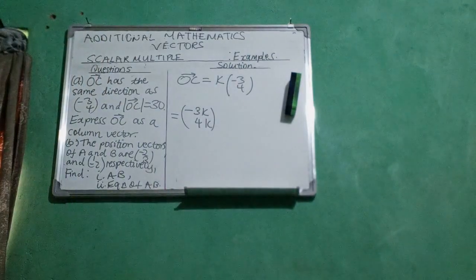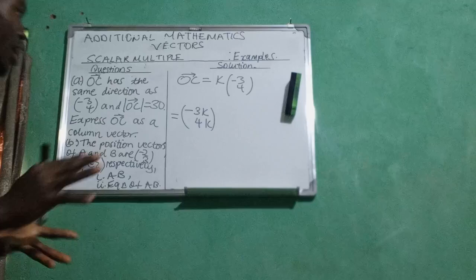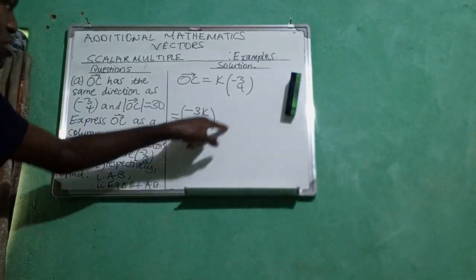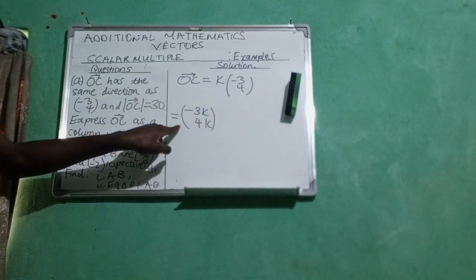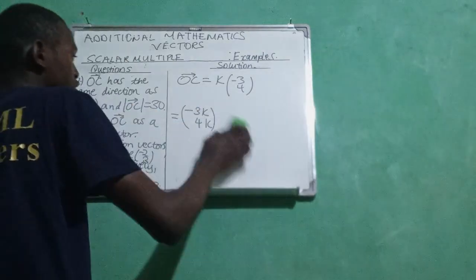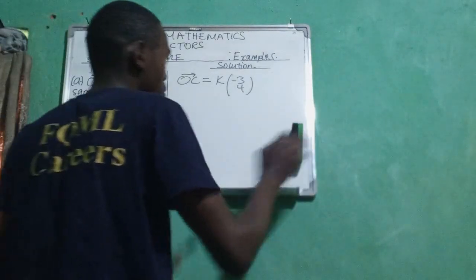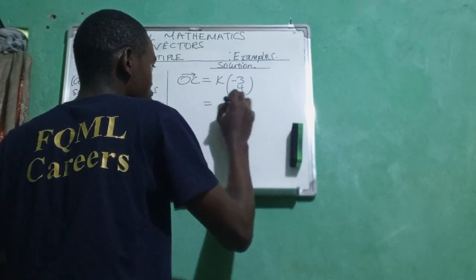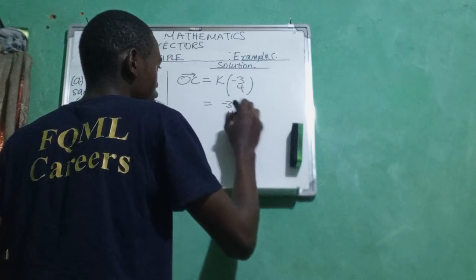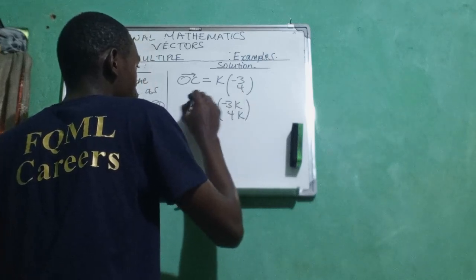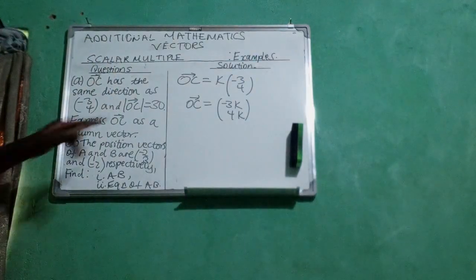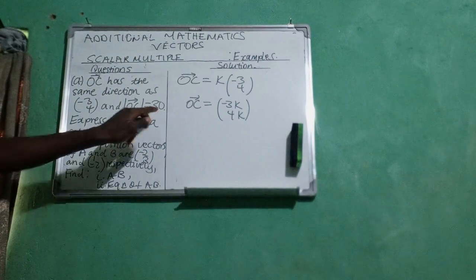We don't know what this k is. So this is a way of expressing OC. Let me write it again in a better way, since some of you may be confused about what I'm doing. I've expressed OC in this form, and the magnitude of OC is equal to 30.